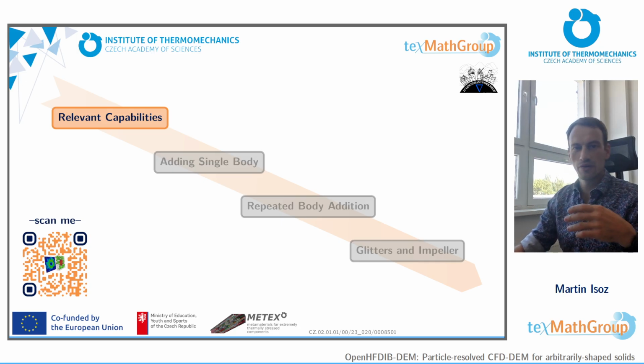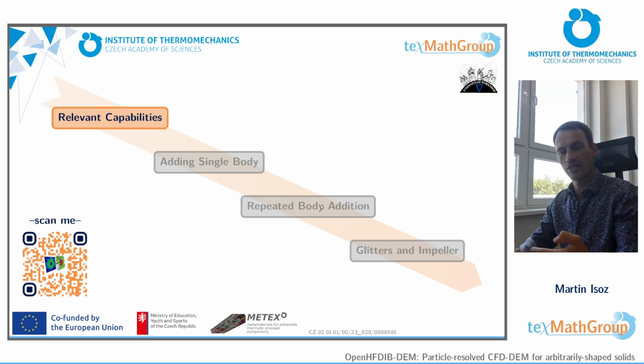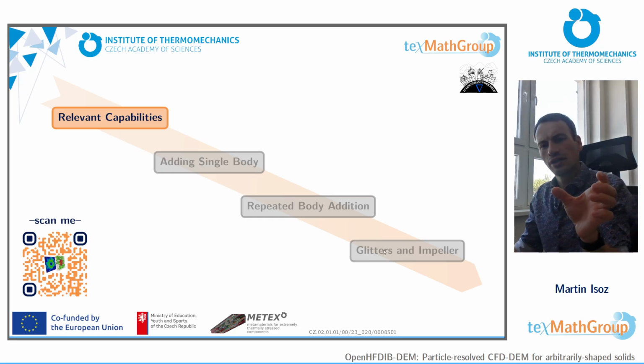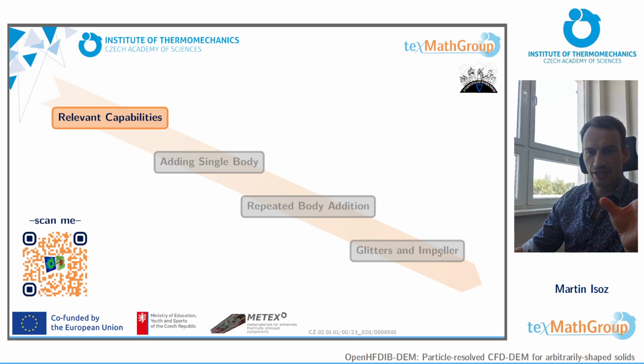First we will go through relevant capabilities of our library, and we will try to add a single body. We will do some repeated body addition, and then we will add the hexahedral solids that we call glitters and the impeller into the domain for the next step to be possible.